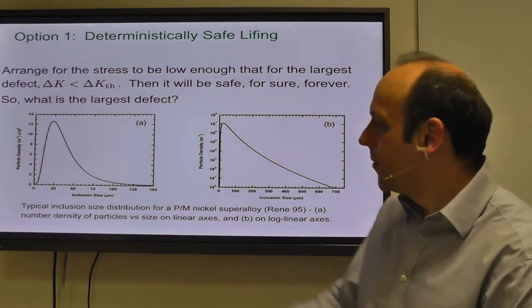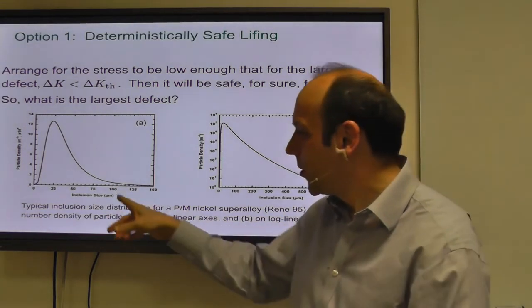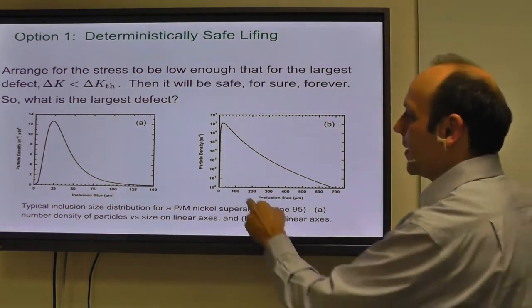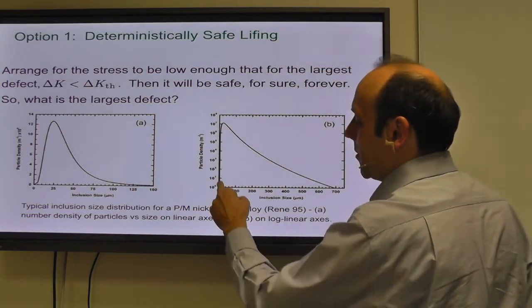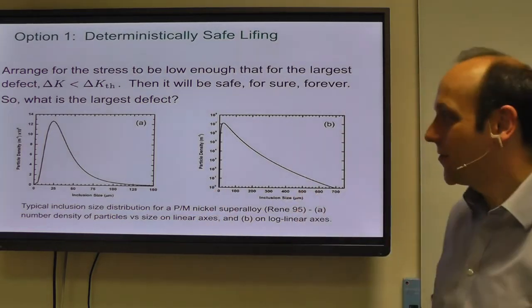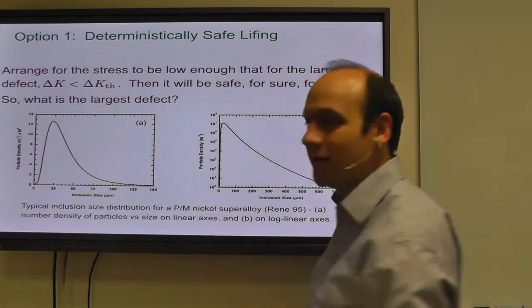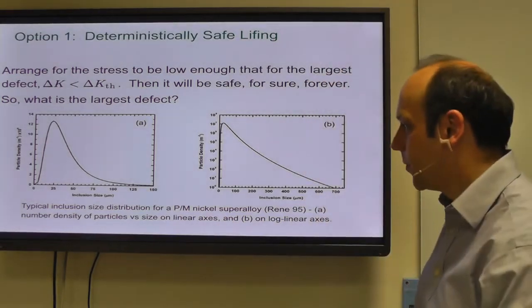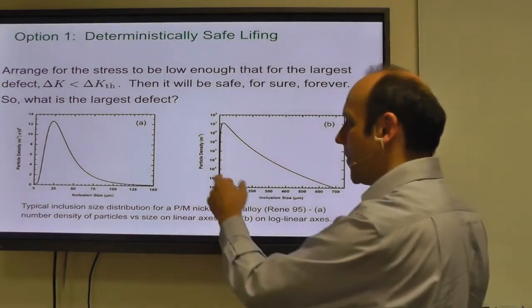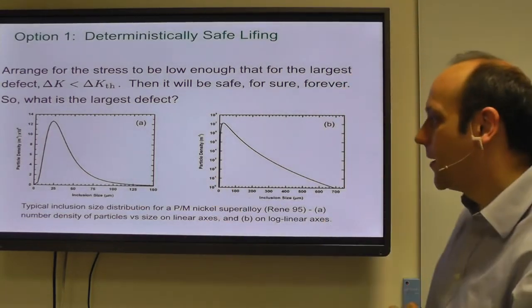Now you might say, well, okay, if I've got some volume of metal, I can read it off this graph. But if I make this a log plot, for some particle density, say 10 per meter cubed, then I'm at a 0.5 millimeter defect for this distribution, which is off the end of this scale. And that creates a problem. How do I actually examine that much material, which we'll come back to.